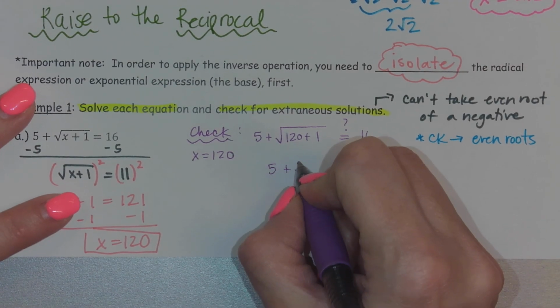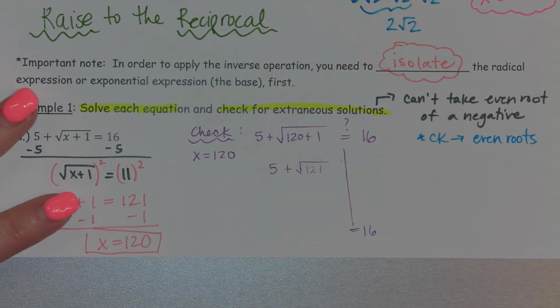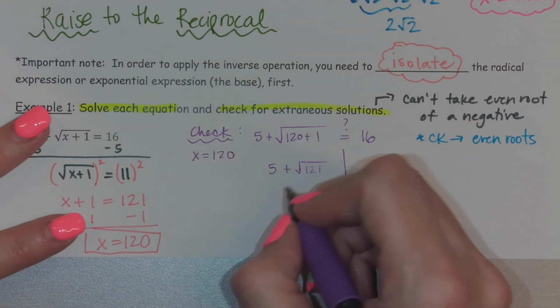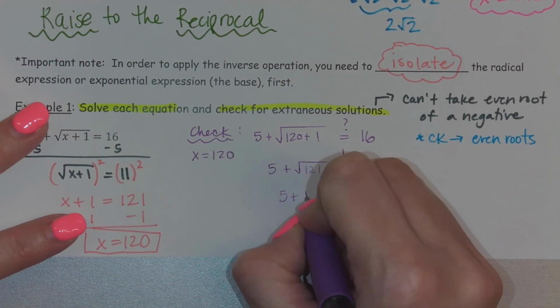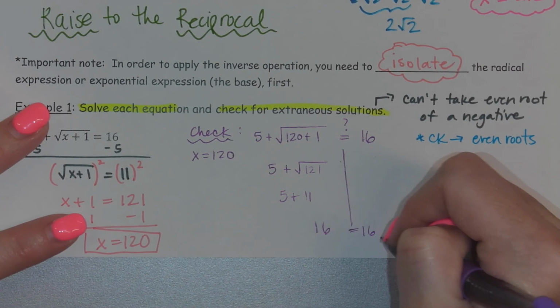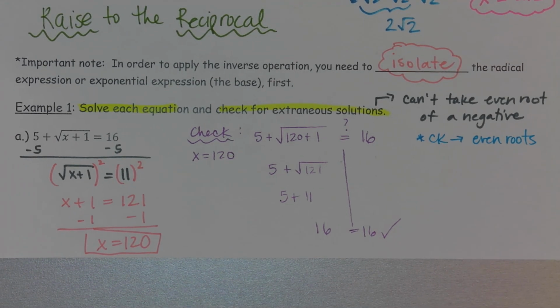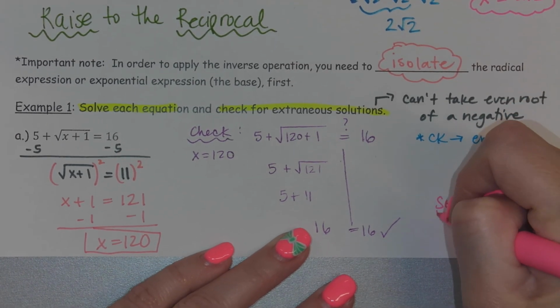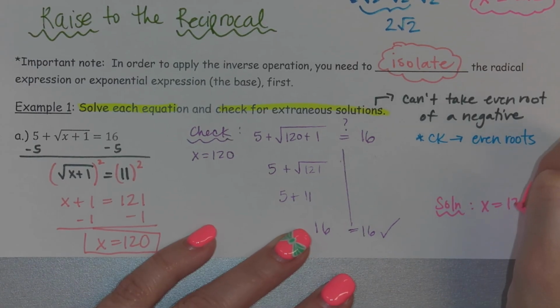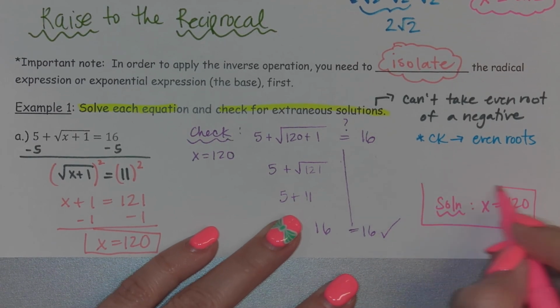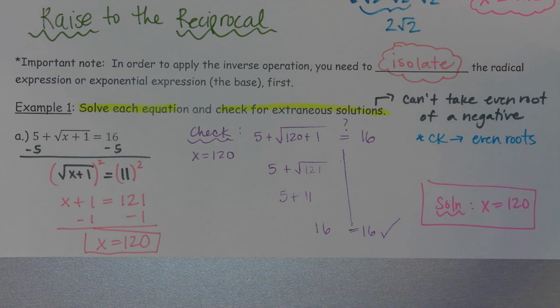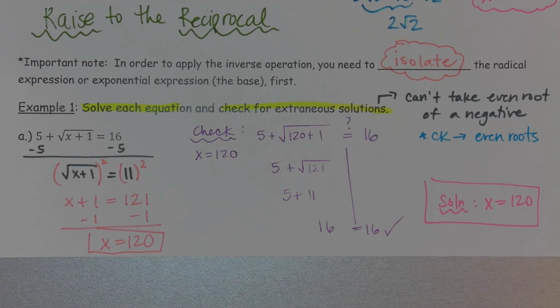Okay, so this would be 5 plus the square root of 121. We know the square root of 121 is 11. So 5 plus 11, 16 equals 16. Yep. So your solution is x equals 120. Okay, if it didn't check, then you would just write no solution as your final answer.